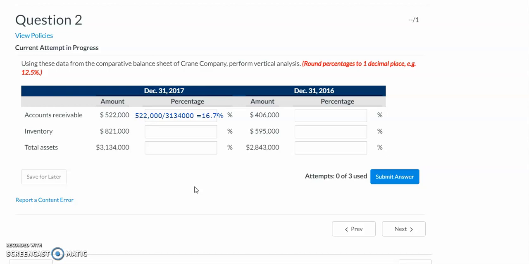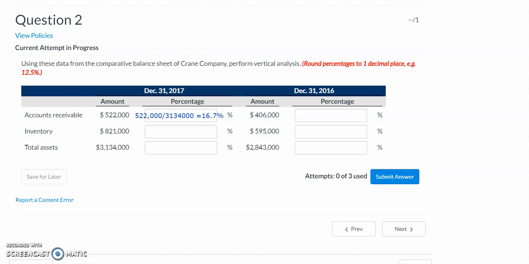Or if you have more of your total assets tied up in your inventory, you might think of some strategies to relieve that inventory, maybe offer a discount or promotion to help drive sales and relieve some of that inventory so that you can obtain more cash.